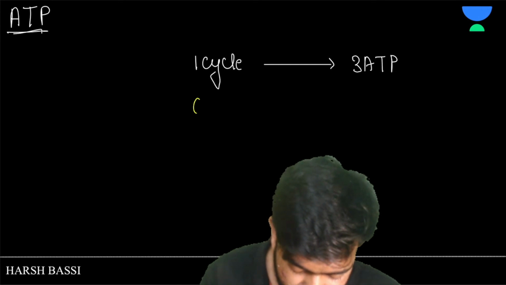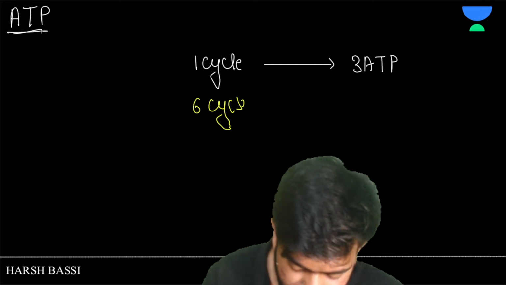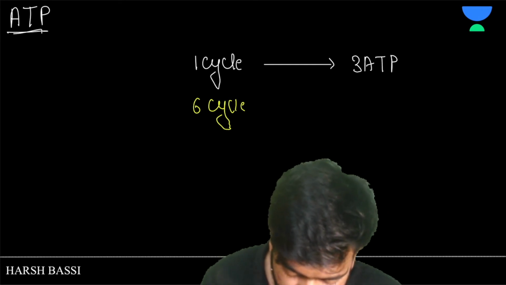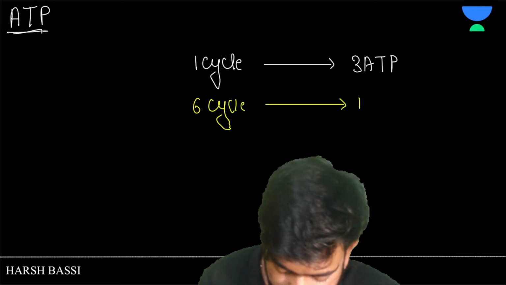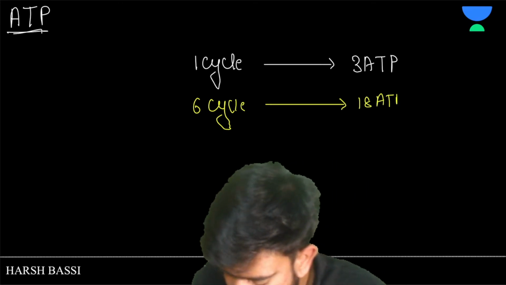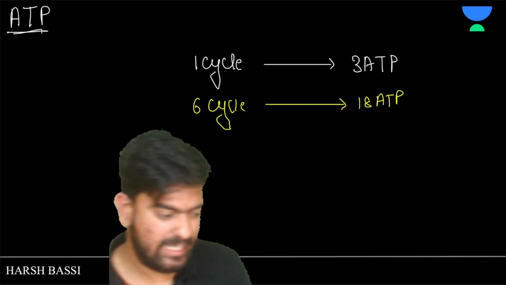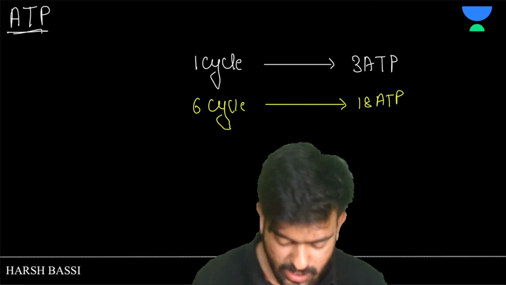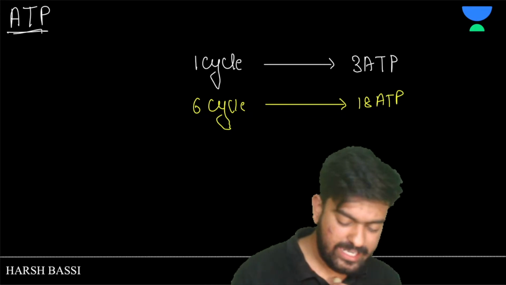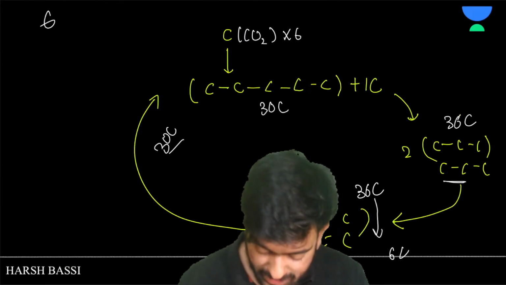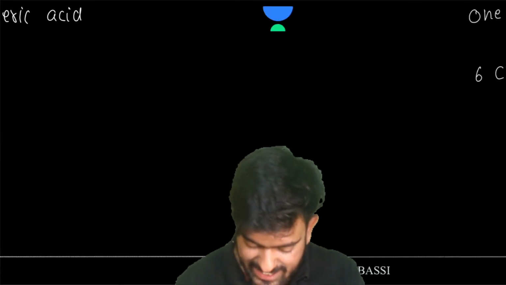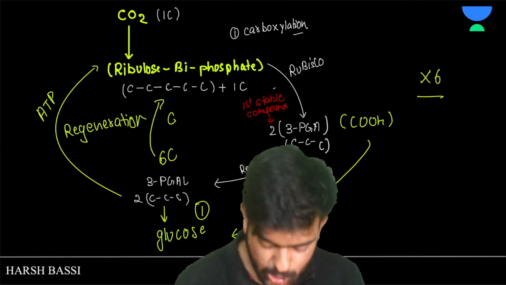Now, 6 cycles will form 18 ATP. Okay, exactly, yes, 18 ATP. What about NADPH, sir? One cycle is requiring how many NADPH? 2 NADPH.